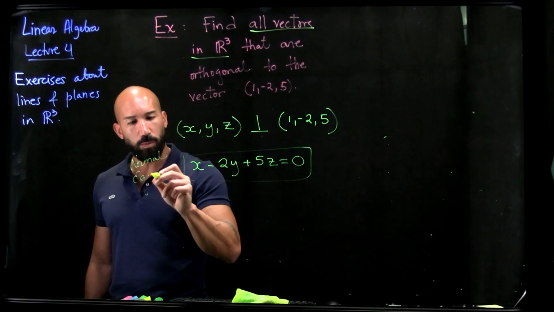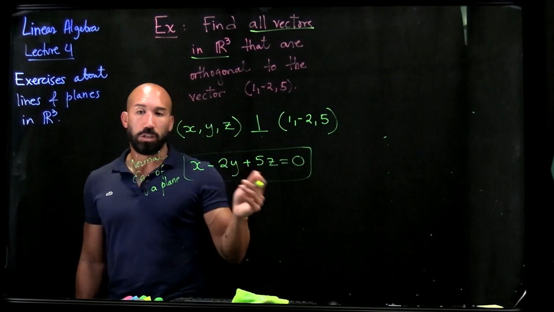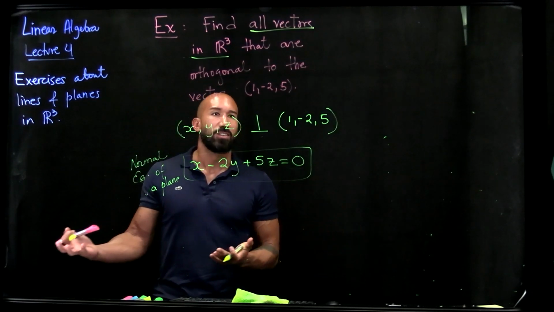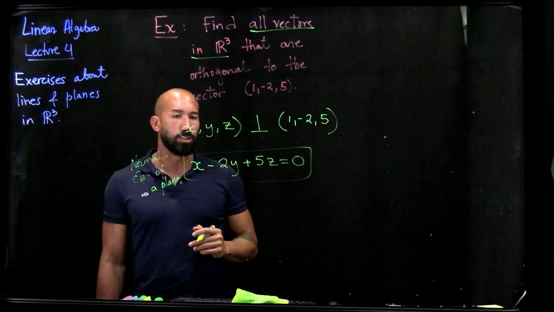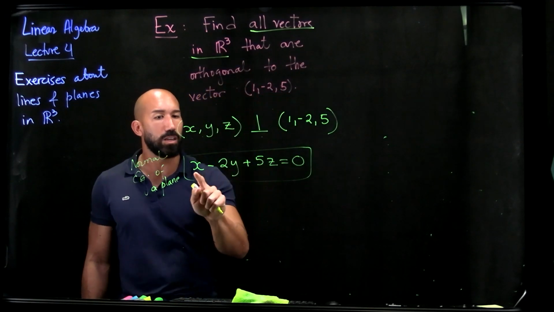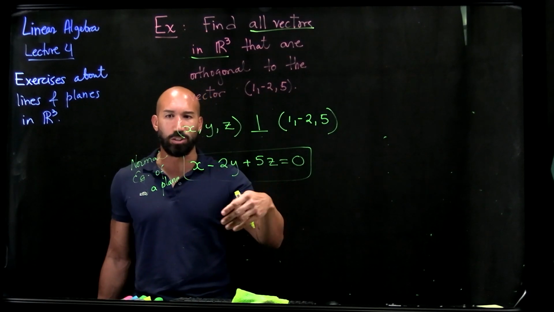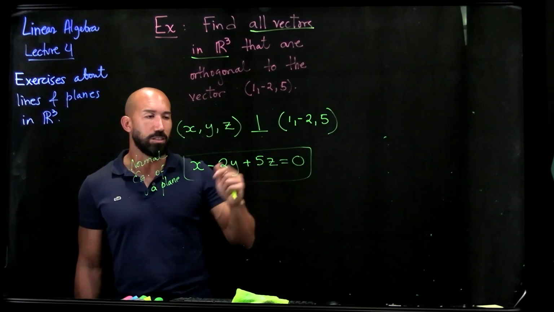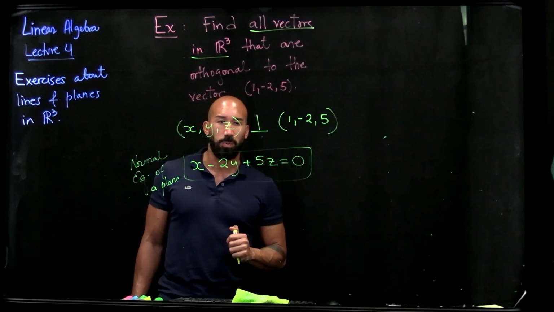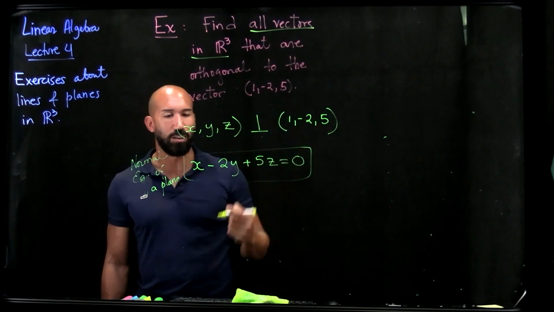This matches the result of our previous analysis. Every vector orthogonal to this one needs to satisfy this equation, and any vector satisfying this equation is on the plane whose normal vector is exactly the given one.